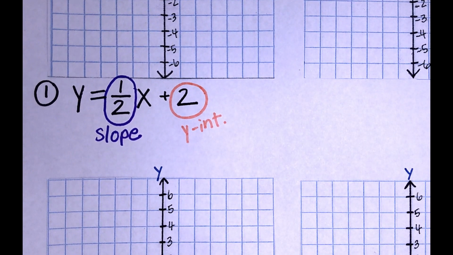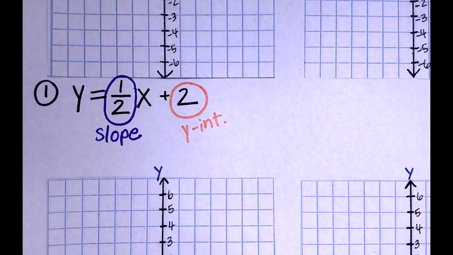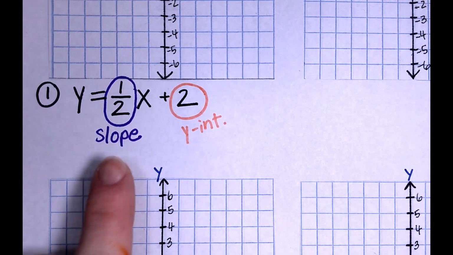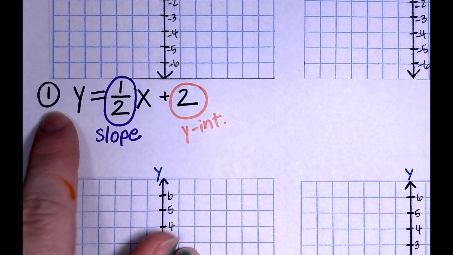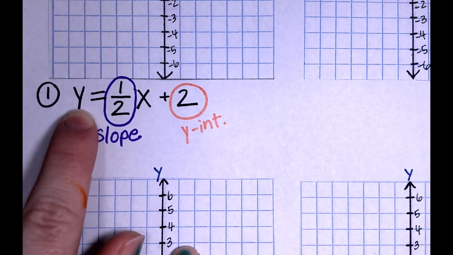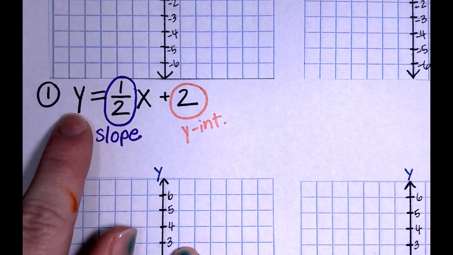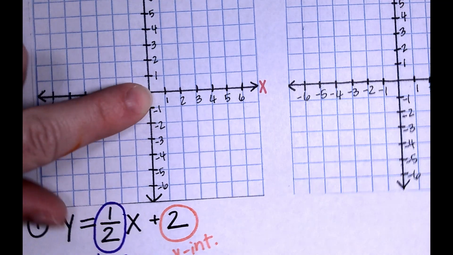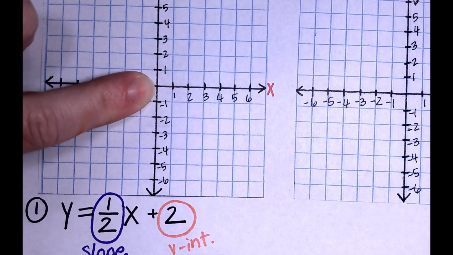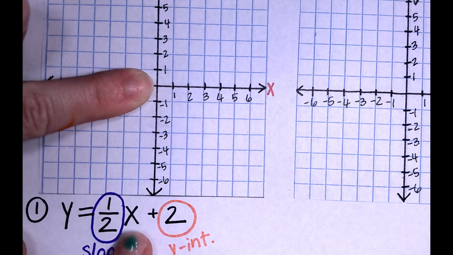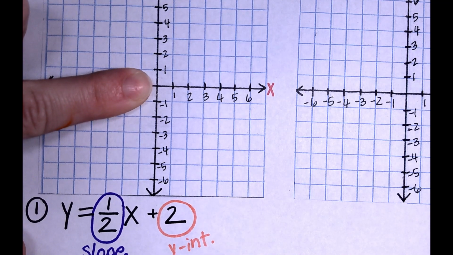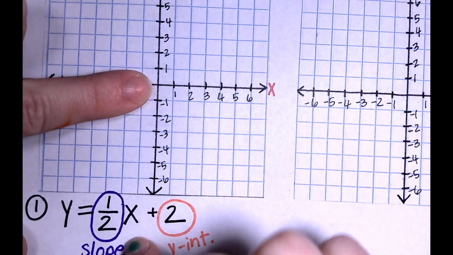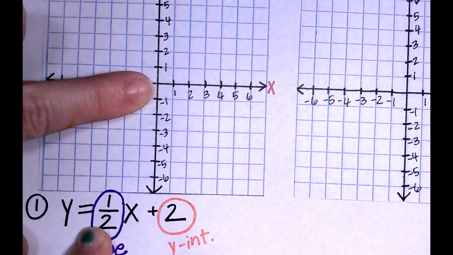So there's only 3 very short, simple steps to graphing this equation. What this means, essentially, is that whatever value I choose for x, my y is going to be half of that plus 2.